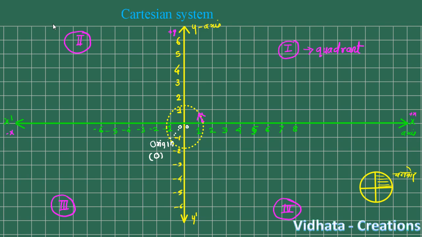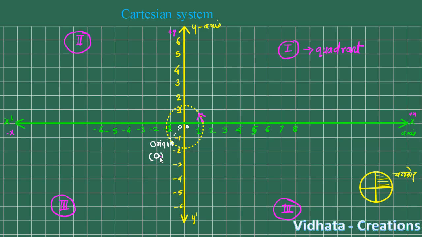Now let us revise shortly. A Cartesian coordinate system contains 2 number lines perpendicular to each other. They intersect each other at this point, which is called the origin. The x and y axes meet each other at 0, 0.